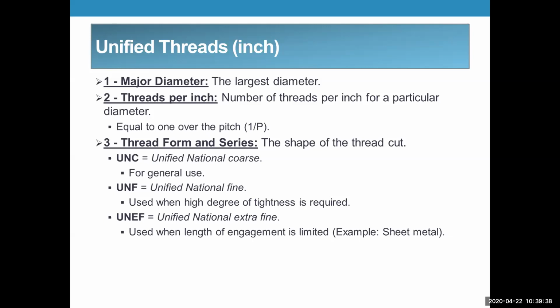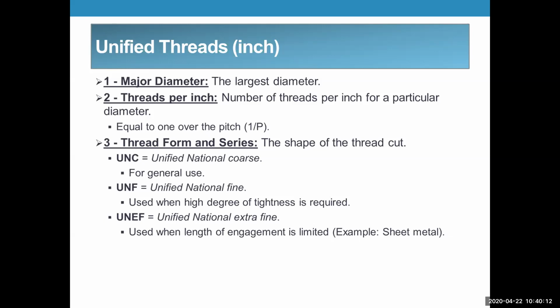And then the extra fine, Unified National Extra Fine, is used, like it says, for limited engagement opportunities like sheet metal, and also if the fastener is extremely small, then there's a pretty good chance that you may have an extra fine thread on that fastener.